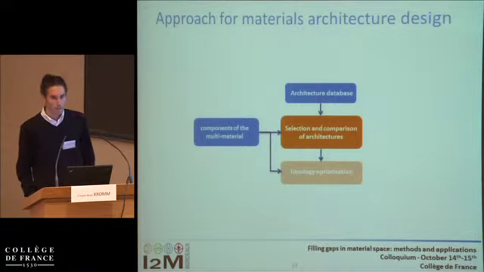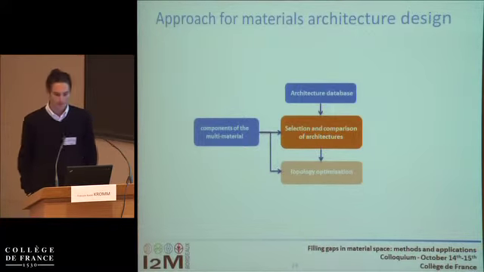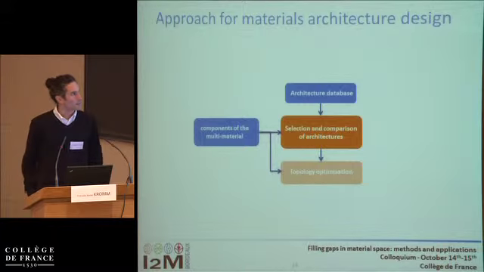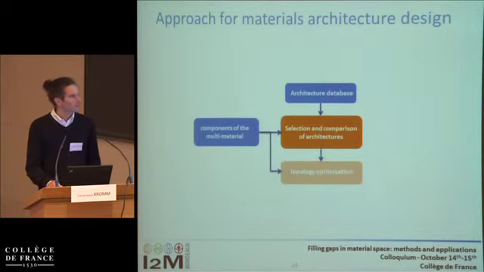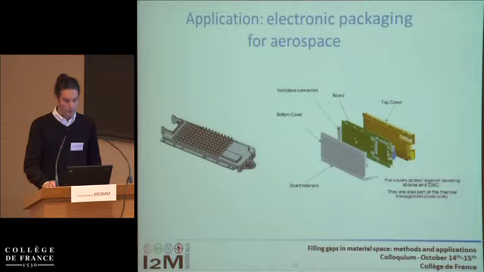There are some other approaches that we will see probably today, but in our sense we are trying to compare this architecture thanks to the models that have been collected too, in order to have a first selection and then apply topology optimization in order to have a small variation on this architecture.